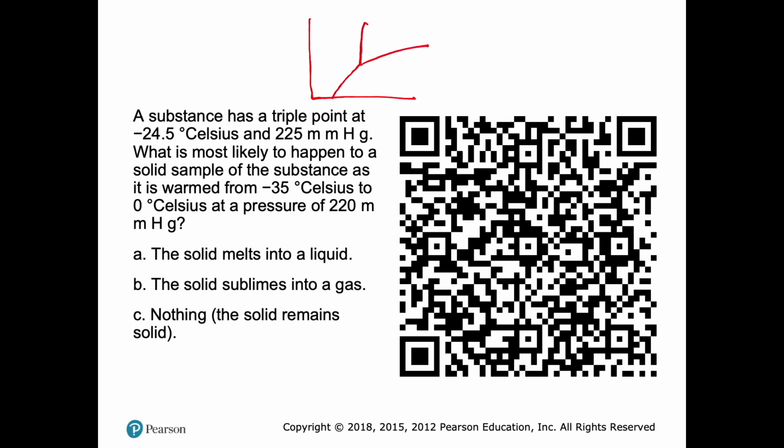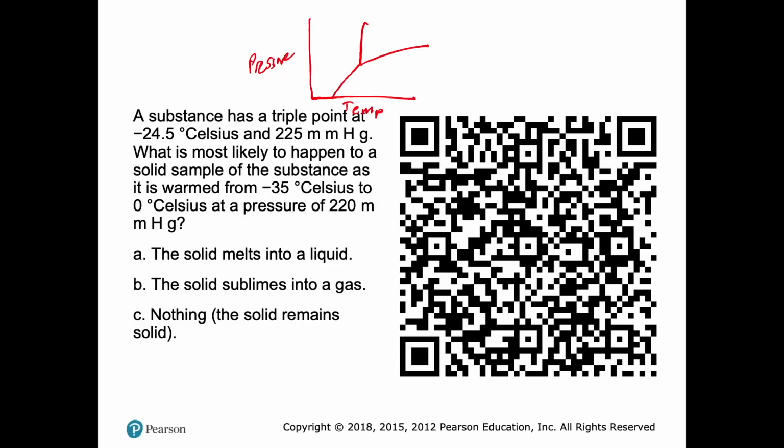The question is telling you that you have a triple point that is at negative 25 degrees Celsius. So temp is at the bottom, and pressure is over here.